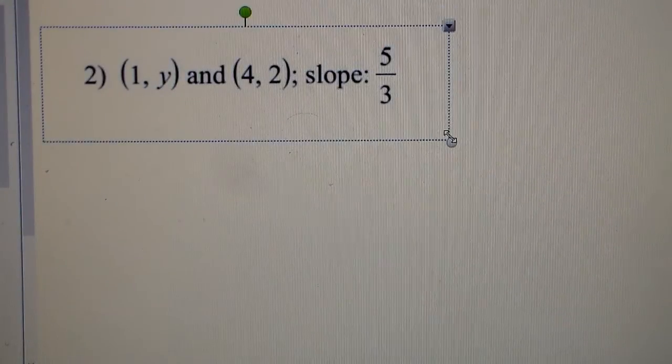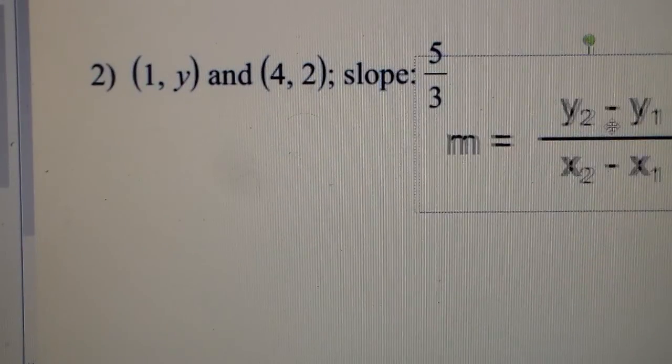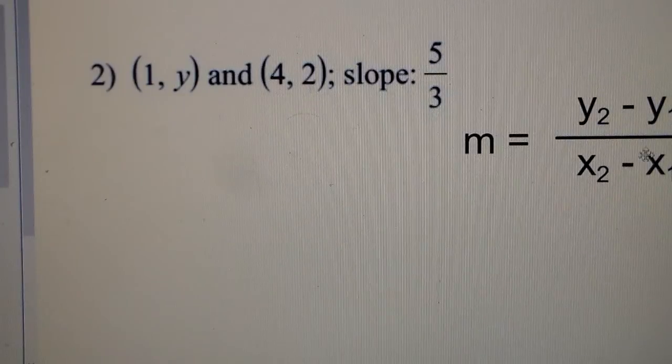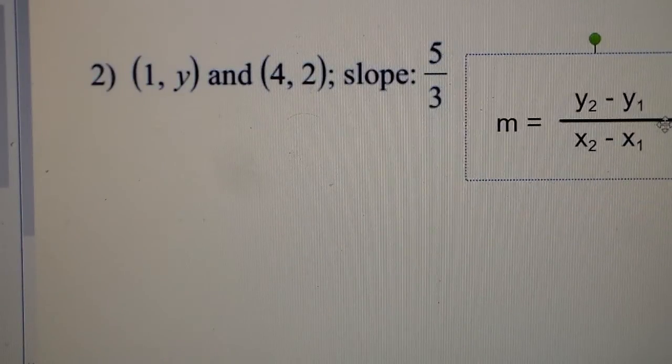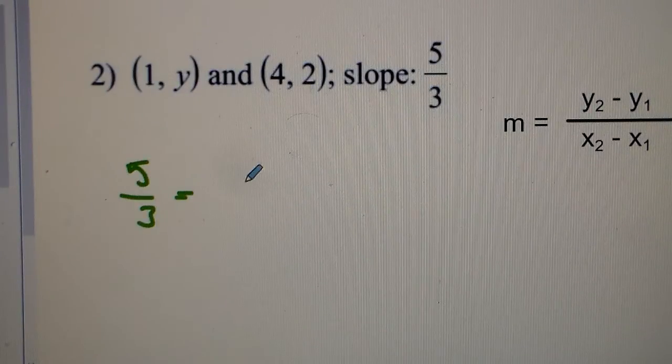Now this one's a little bit trickier. We have a fraction now. We're still going to do the same thing as we've been doing, except you're going to have a denominator there, which you just have to do proportions, which is okay. So our slope is 5 over 3, and that's equal to y2, which is 2.